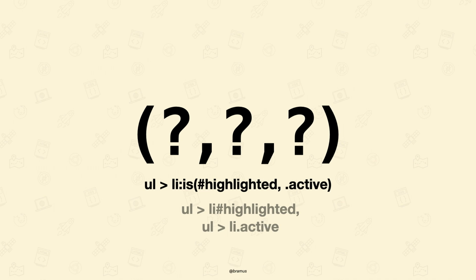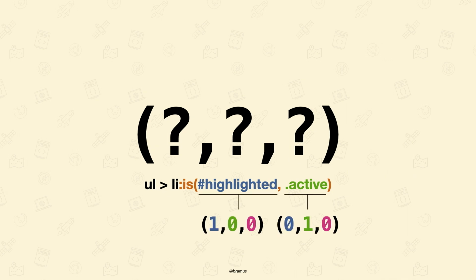Whereas with is, something funky happens. We take a look at the is part, and the spec says, hey, you know what? From those contained selectors in there, namely highlighted and active, calculate the specificity of both. Or if you have 3 or 4 or 5 in there, whatever, calculate the specificity of each. We end up with these numbers. And then from all of these numbers, take the one with the highest specificity.